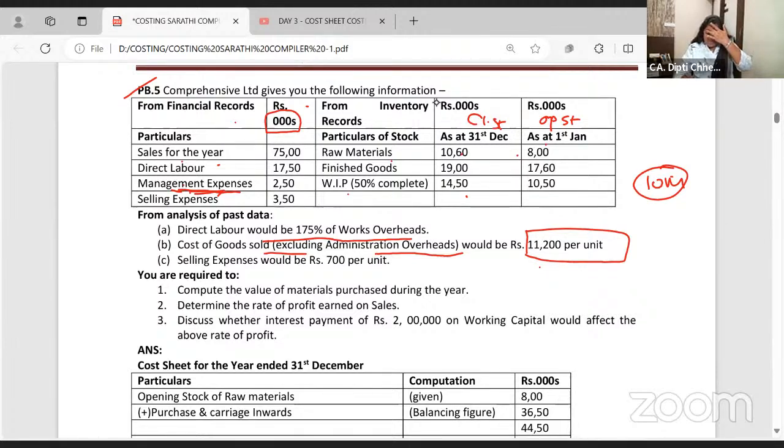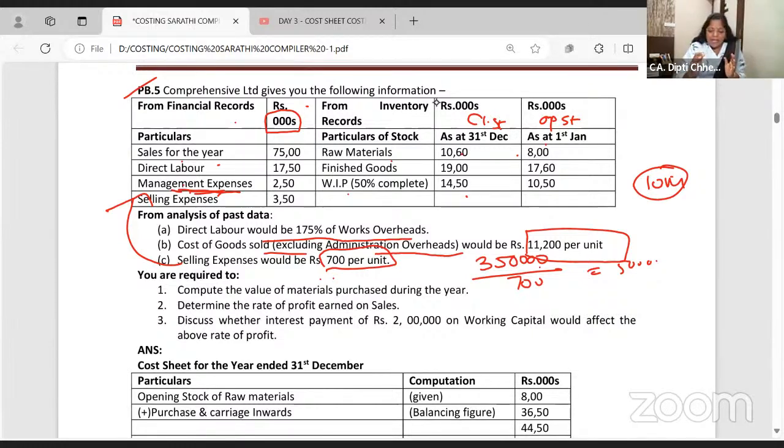Ma'am, they have given per unit. What is the number of units? We will get. Selling expenses is 700 per unit. And total selling expenses are also given. 3,50,000. And selling expenses per unit is 700. 350 divided by 700. 500 units.